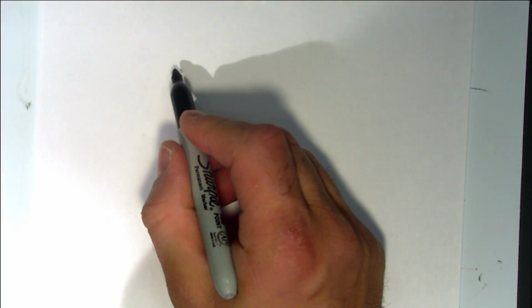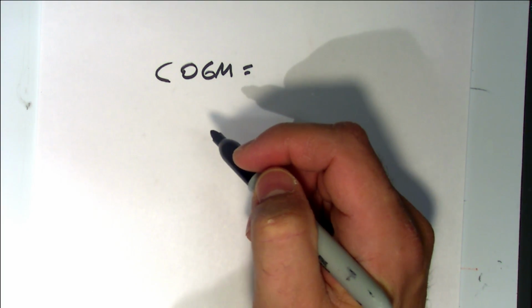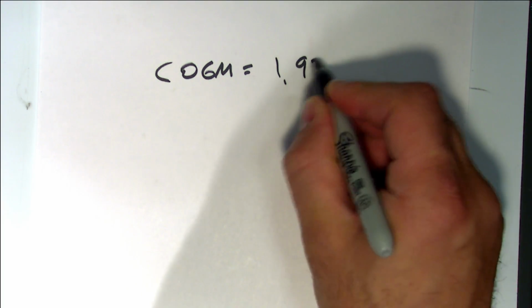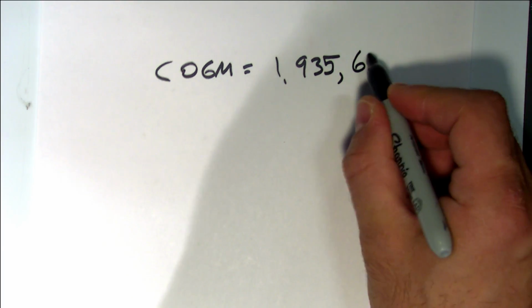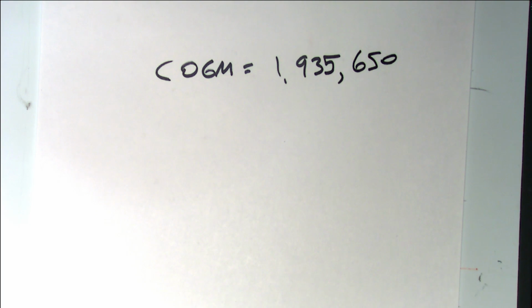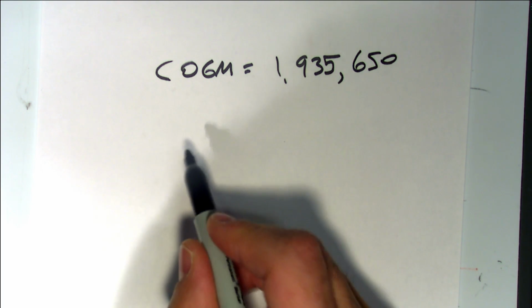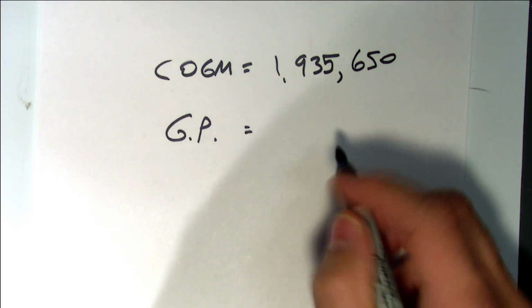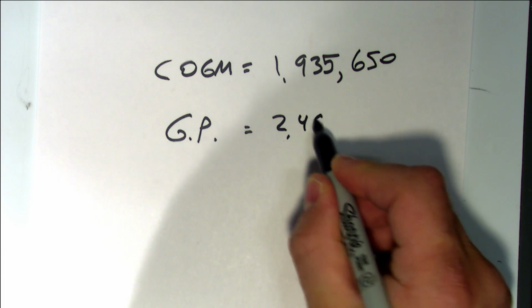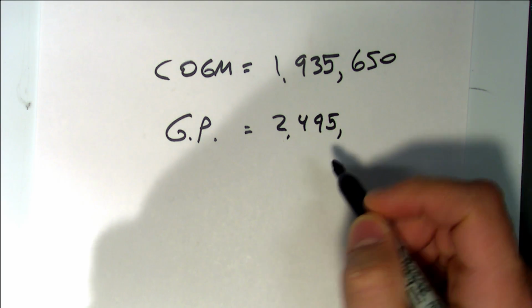I got cost of goods manufactured to equal this number right here. Did you get that by chance? Anybody? You did? Okay. I got gross profit to equal this number.